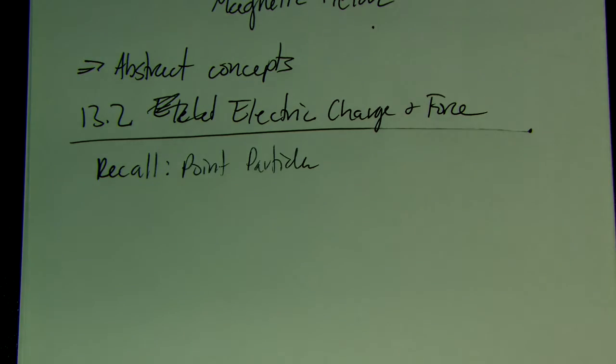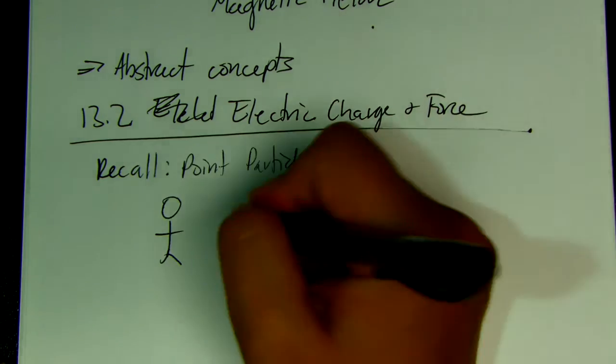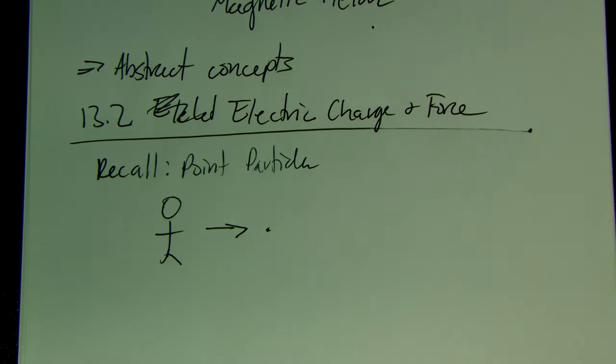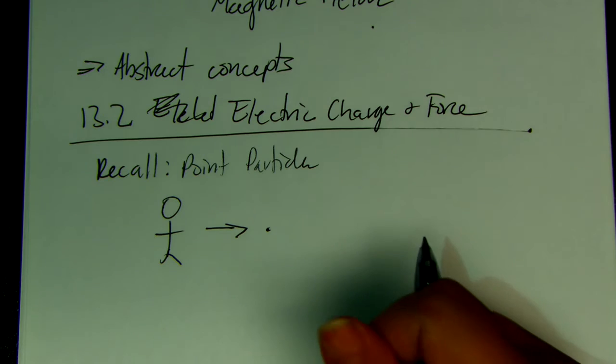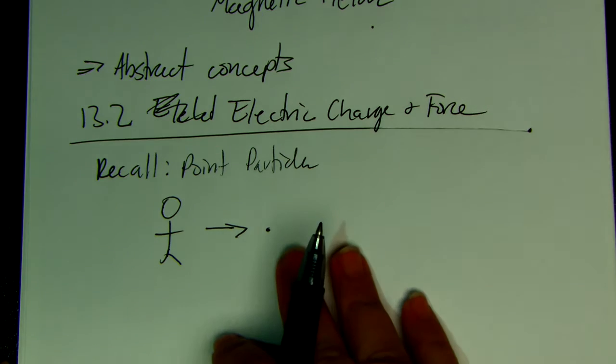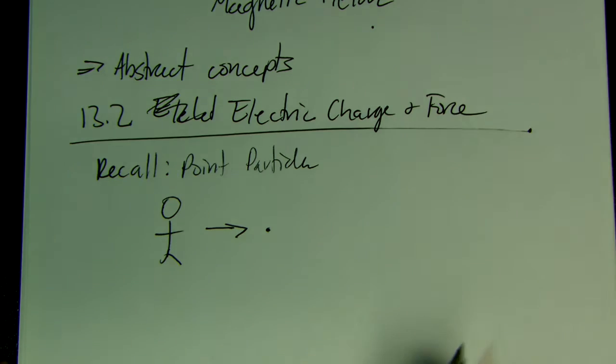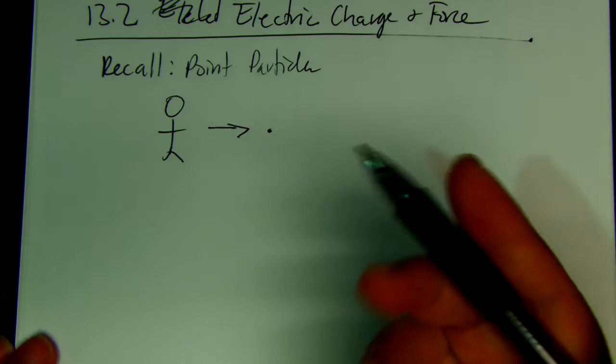Essentially, this is a particle where we took all the mass of a system and concentrated it into a single point. And this allowed us to simplify several calculations. Now, sometimes this was acceptable and sometimes we needed to do an extended system. But remember, point systems are always easier to calculate.